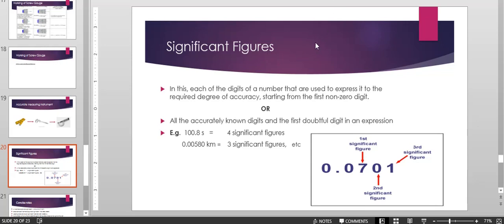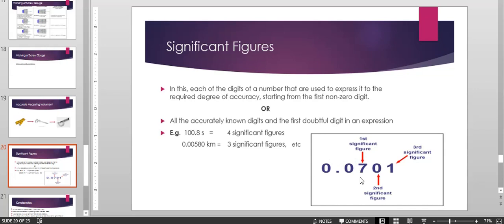Now let's talk about the significant figures, which is probably the last topic of this chapter. In this, each of the digits of a number that are used to express it to the required degree of accuracy, starting from the first non-zero digit. Means these are the figures which start from a non-zero digit.